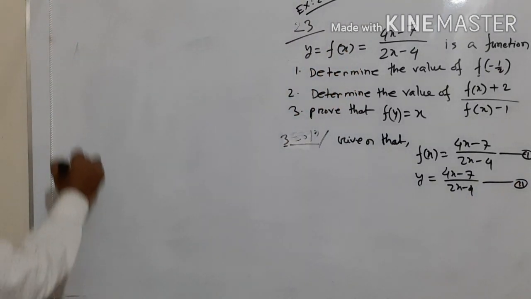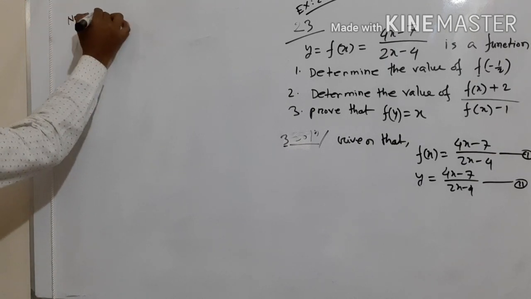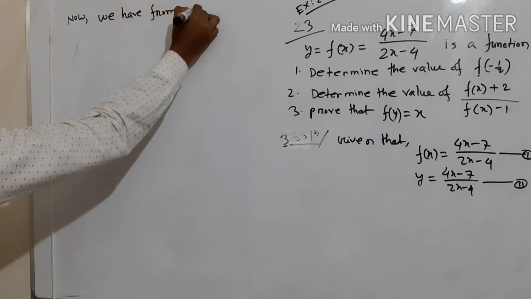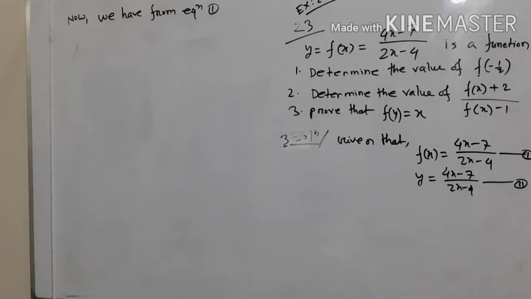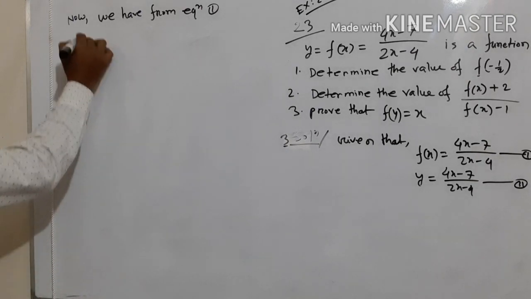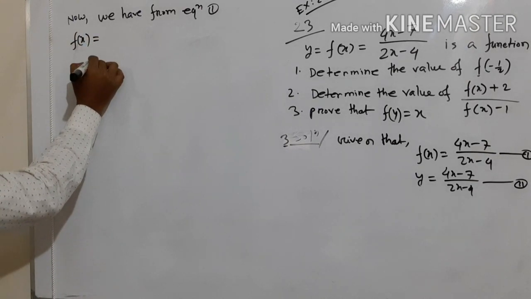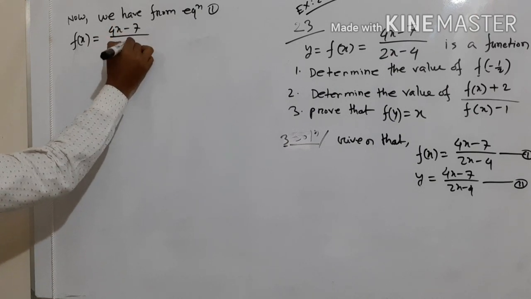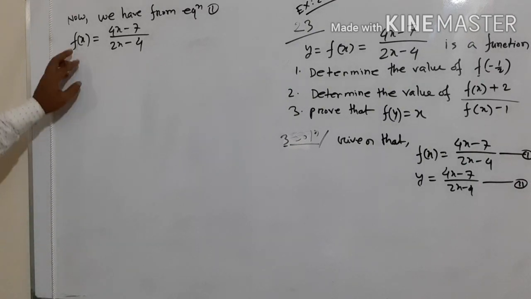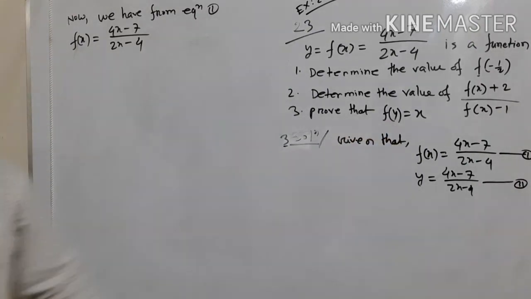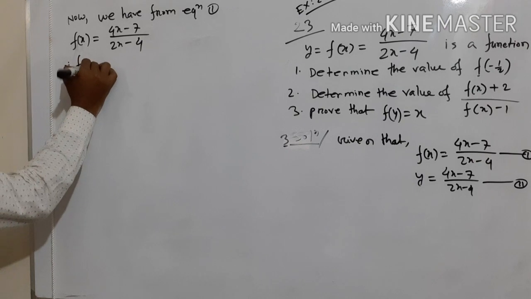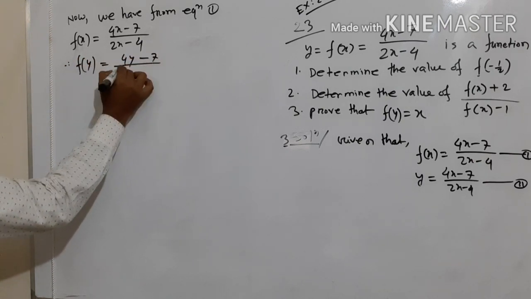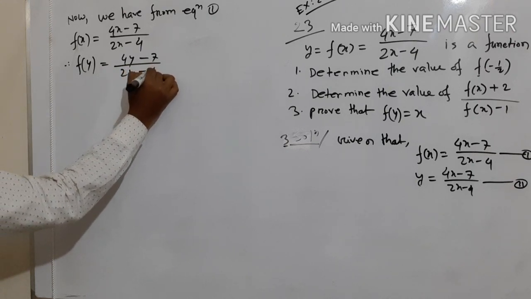Now, we have from equation 1 f of x equal to 4x minus 7 divided by 2x minus 4. If we replace x by y, then we can write f of y equal to 4y minus 7 divided by 2y minus 4.